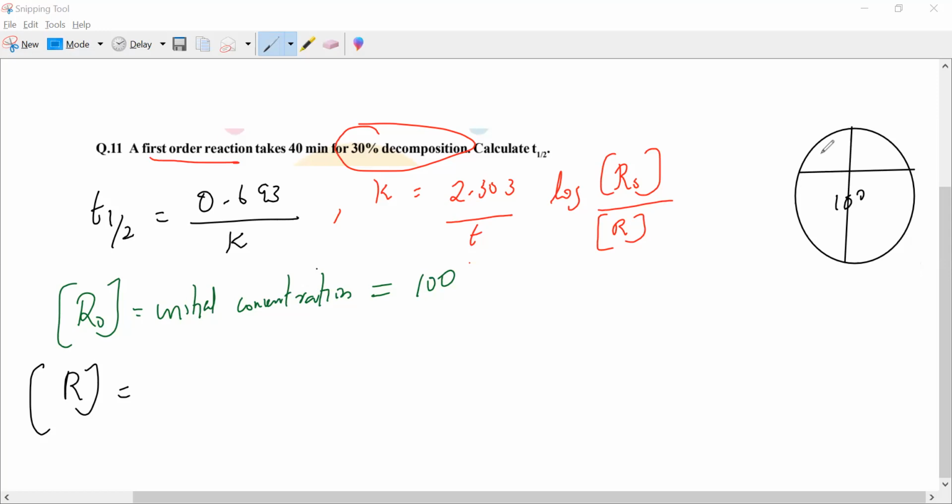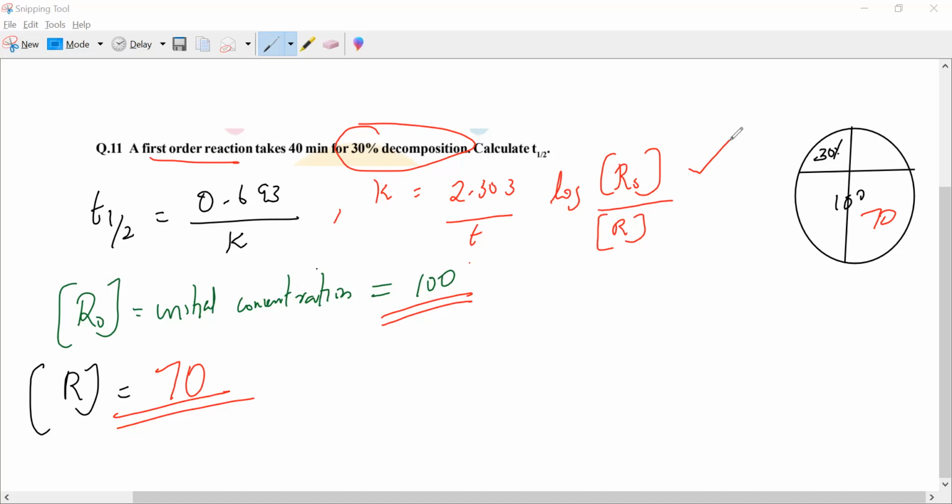So the 30% is being decomposed. So remaining how much is there? Remaining out of 100, 70 is there, right? So similarly, R will be 70. Now we have to substitute both the R naught and R value in this equation.